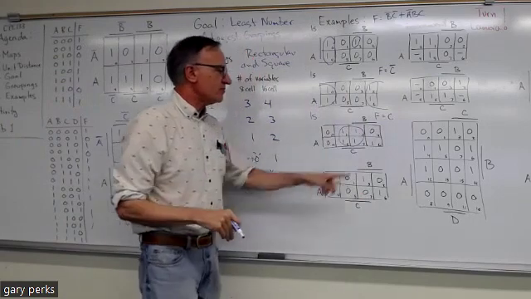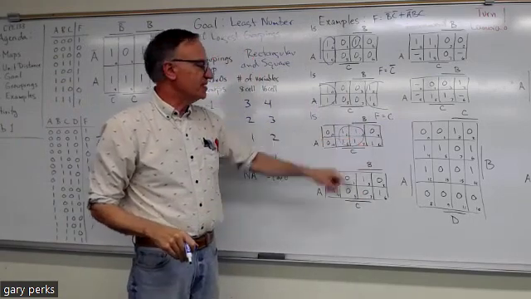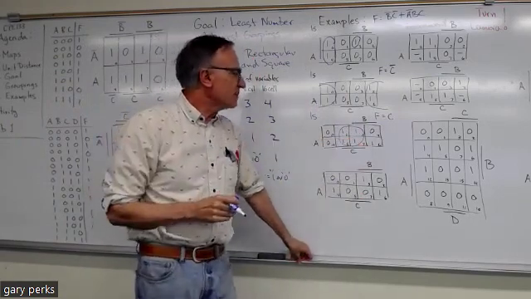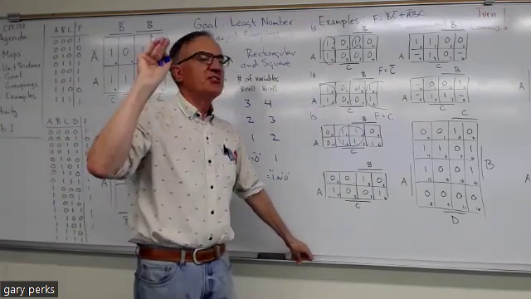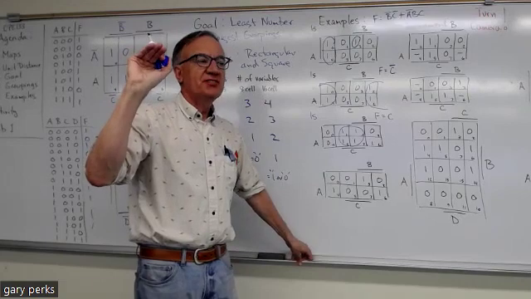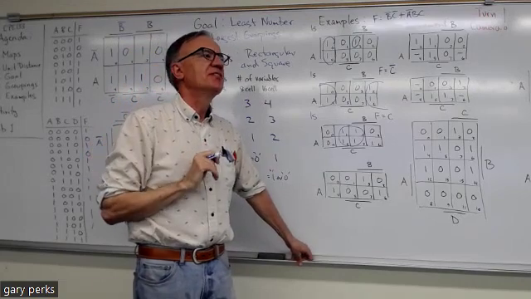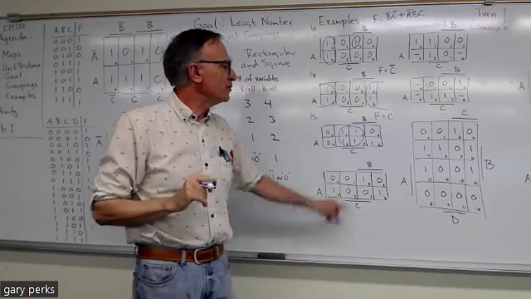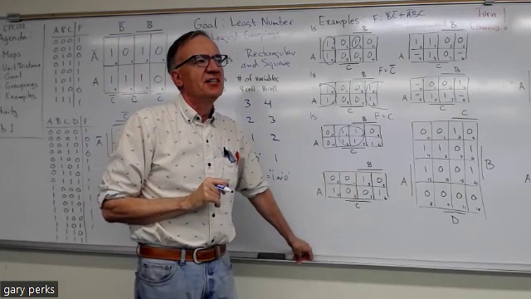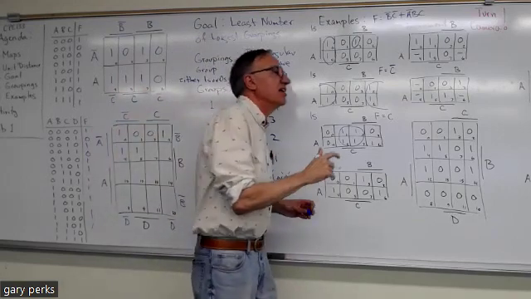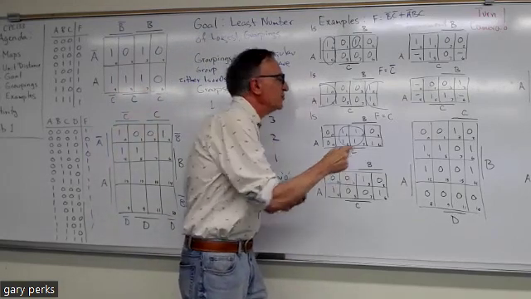Okay, now, we got this additional one here in cell 6. And the reason I show you this example is because when you're doing K-maps, you can overlap groups. Okay, groups can overlap. So knowing that you can overlap groups, how would you group that one that's in cell 6? A 2 grouping, yeah.